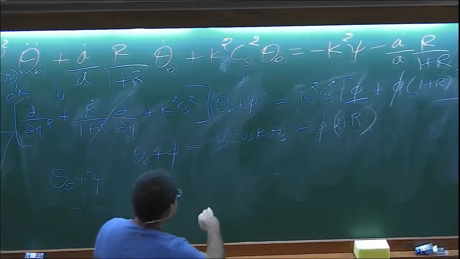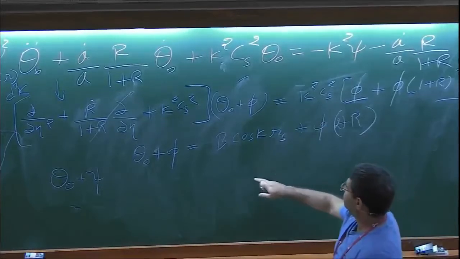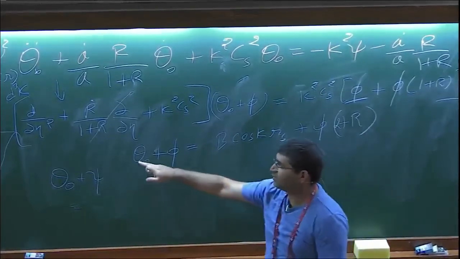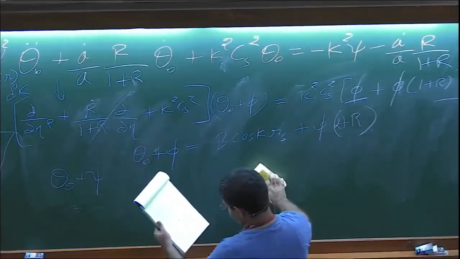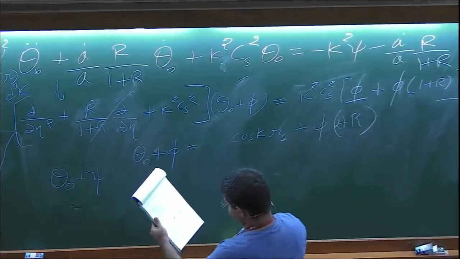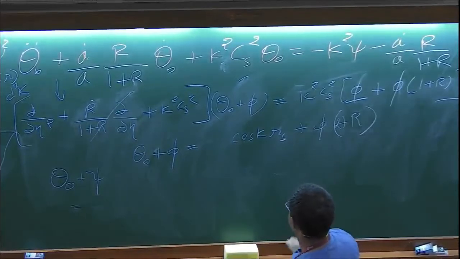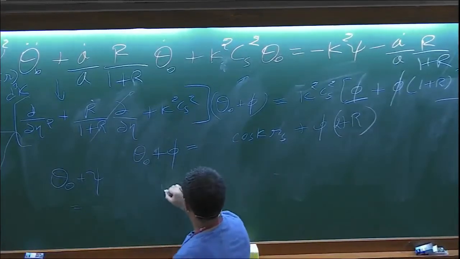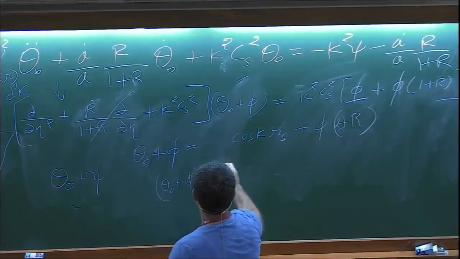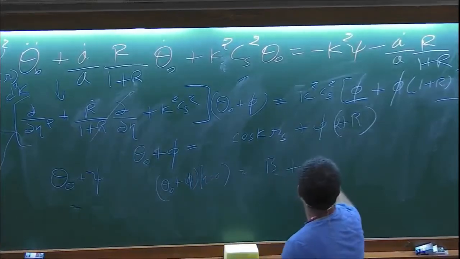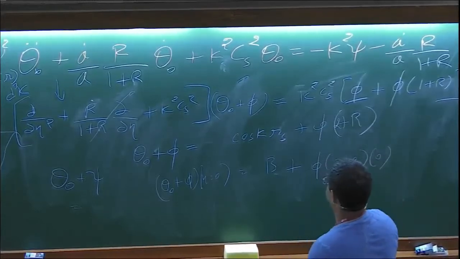So first, let us see what the initial conditions will be. When time is 0, this right-hand side should be equal to the value of theta plus phi at time t equal to 0. So the initial conditions give you that theta 0 plus phi at time 0 equals b plus phi over 2 plus r at time 0.